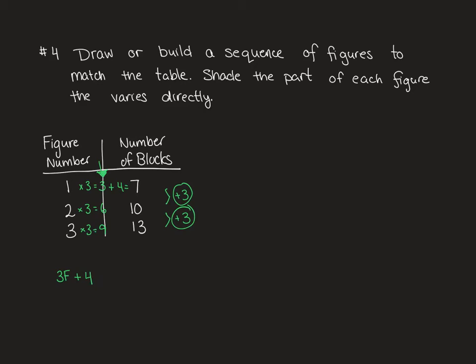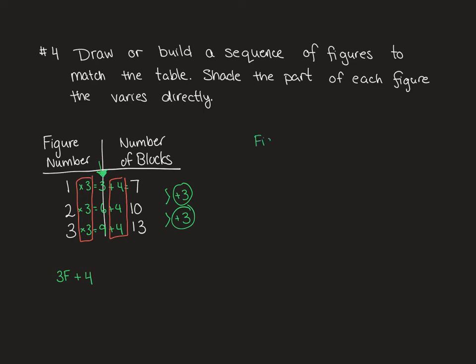Now let's see if this works for the rest of them. 6 plus 4 is 10. 9 plus 4 is 13. So you will see that the parts of our formula stay the same all the way through. You multiply by 3 and then you add 4. This can then help us to draw our figures.